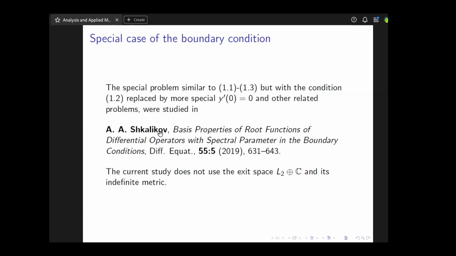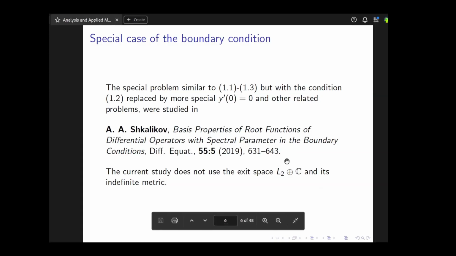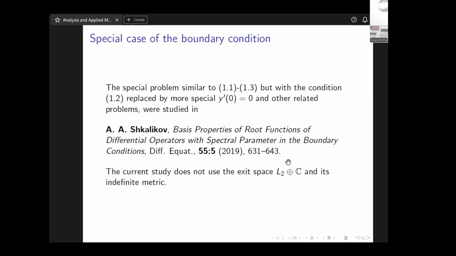The results that I will show you are in perfect agreement with the results of Professor Shkalikov. Again, Professor Shkalikov used Hilbert spaces for the eigenspace, with indefinite metric associated with it. Note that the problem studied by Professor Shkalikov is special. The first boundary condition is y prime(0) equals 0.